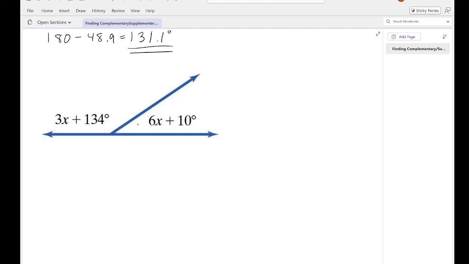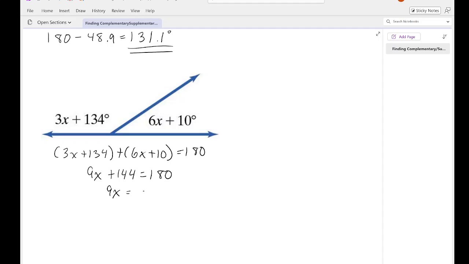So 3x plus 134 plus 6x plus 10 equals 180. Add them together. 3 plus 6 is 9x. 134 plus 10 is 144. Again, equals 180. Subtract the 144 over. 9x equals 36. Divide by 9.